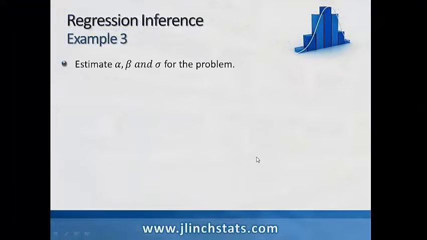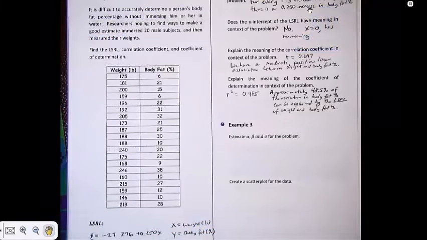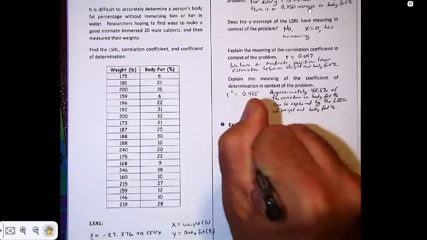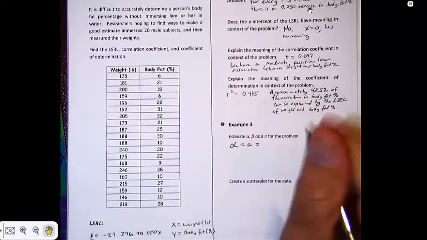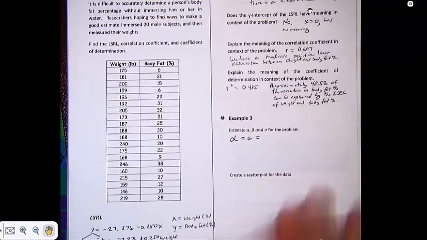Now in example 3, they want us to estimate alpha, beta, and sigma for our problem. Then let's create a scatter plot for the data, and then a residual plot for the data. Let's begin with the estimates for alpha, beta, and sigma. Our best guess for alpha is A, our point estimate A, which is the y-intercept of our least squares regression line, negative 27.376.